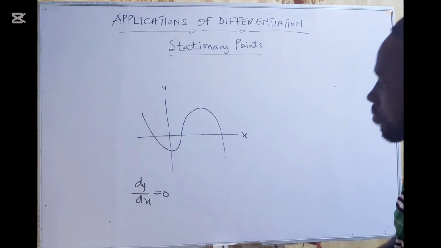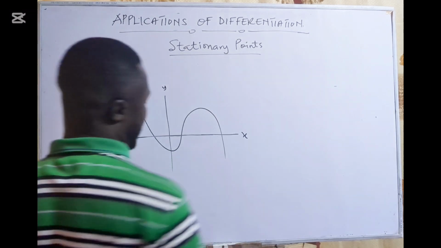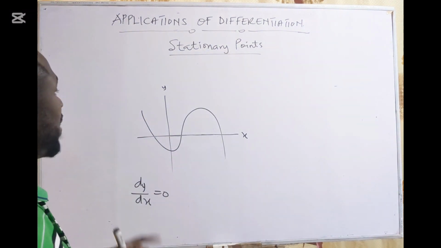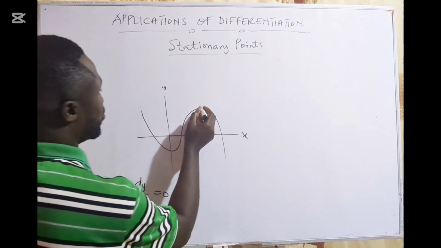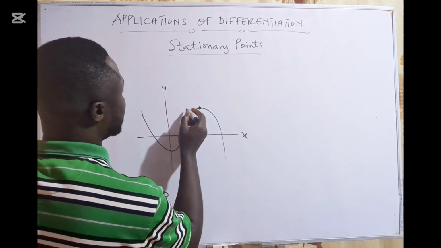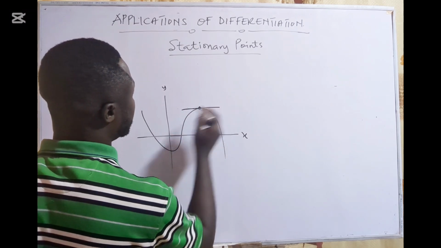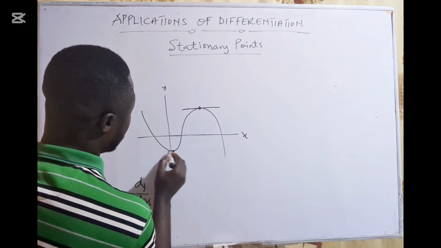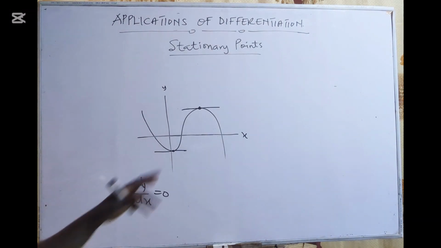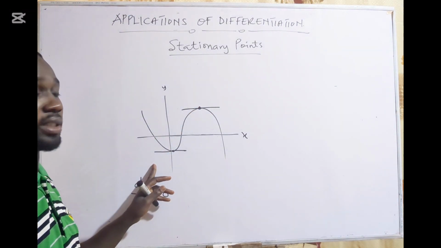So where can we get the tangent to be parallel to the x-axis? That will be at the turning point, this particular place, the point here, or at the minimum at the point here. So the point here or the point here, you get it.